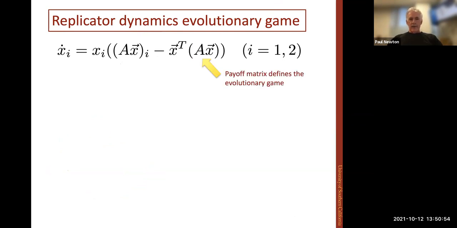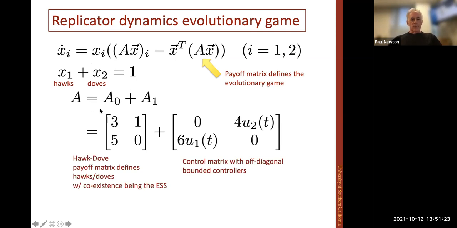So here's our replicator dynamical system, and as I've told you before, A is our payoff matrix that defines the kind of evolutionary game that's being played. And I'm going to show you an example of the hawk-dove evolutionary game, which is one of the standard evolutionary games where the hawks are the aggressors and the doves are the passive population. And this, again, is frequency-based, so they sum to 1.